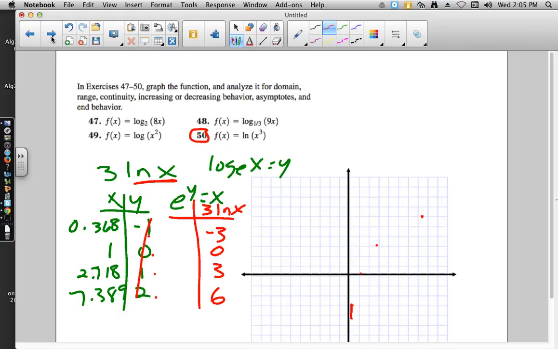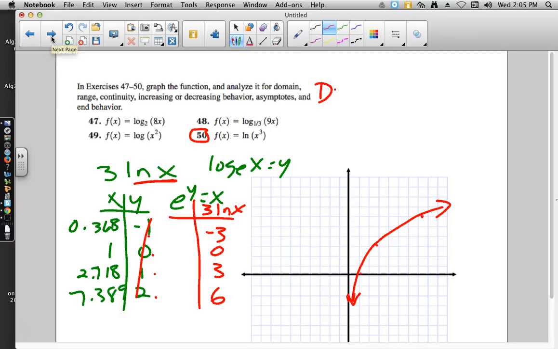And this will be our graph. So we've got the natural log of x cubed, and we've got it all graphed, and now we have to go back and talk about all of that behavior.